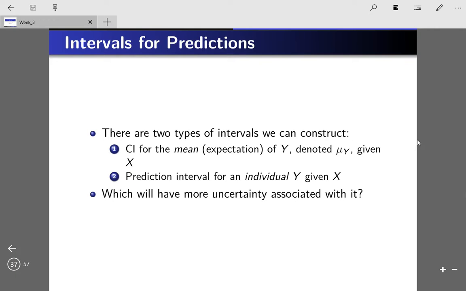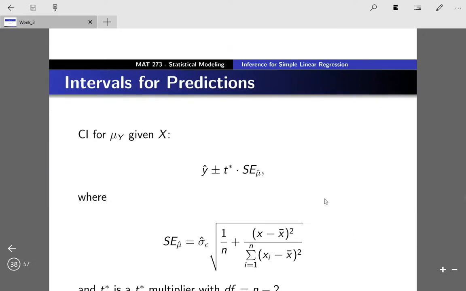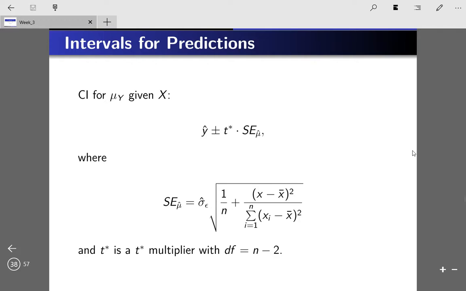We'll talk about an example to sort of display the difference between these two types of intervals. But the answer is that a prediction interval for an individual response has more uncertainty in it. And we'll see why this makes sense with an example. I think it will intuitively be easier to understand.